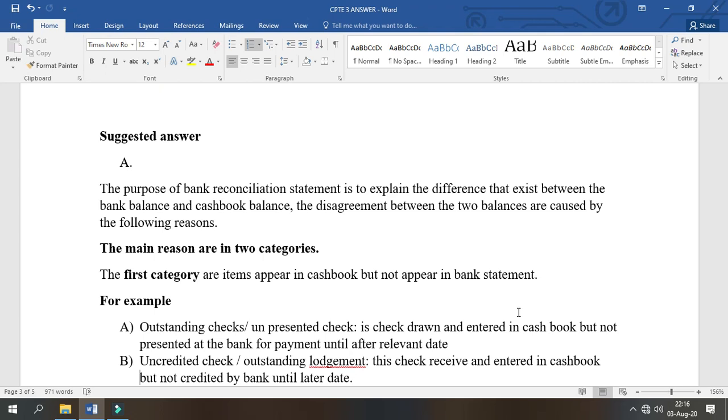The business received this check and entered it in the cash book, but it was not credited by the bank until a later date. So those two checks are not entered in the bank. The uncredited check is not credited in the bank because it is in transit.